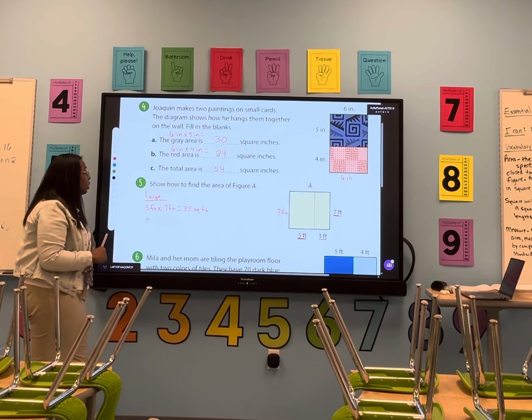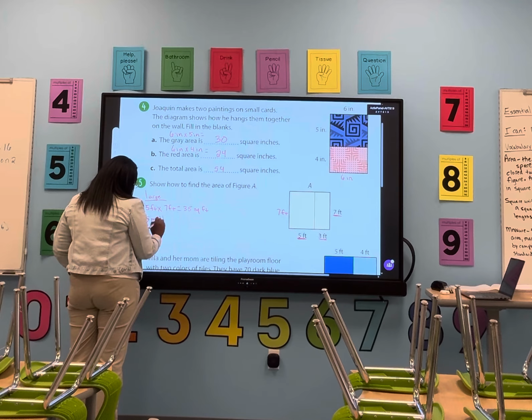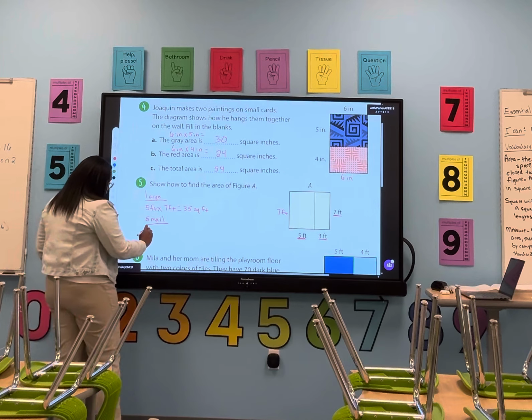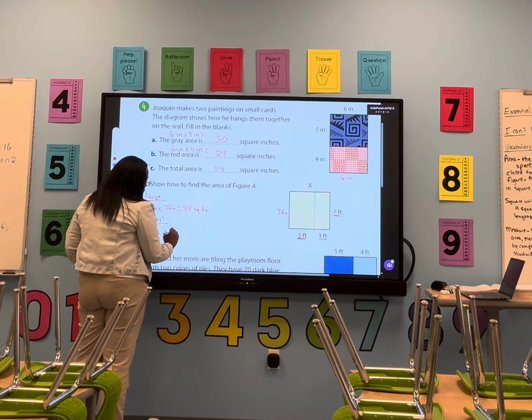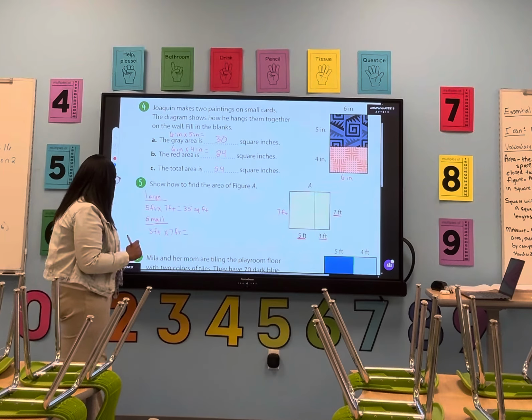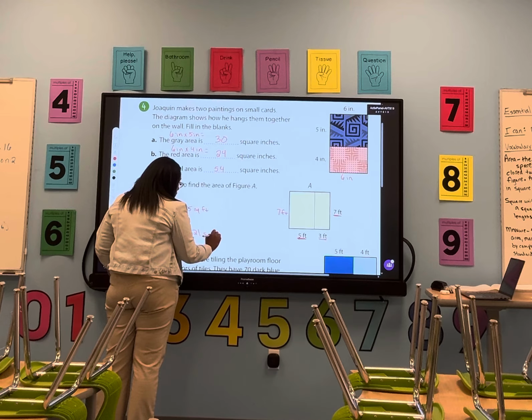All right, now let's go to the smaller one. So I'm going to write small for that one. And I have a length of 3 feet times a width of 7 feet. And when I multiply 3 times 7, this is going to give me an area of 21 square feet.